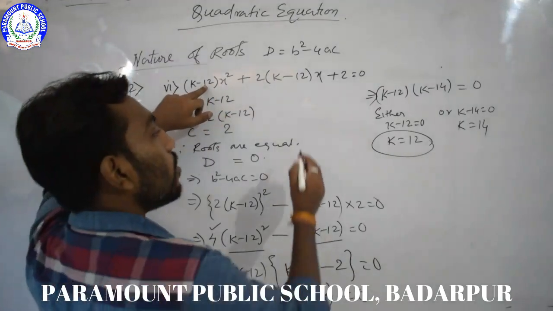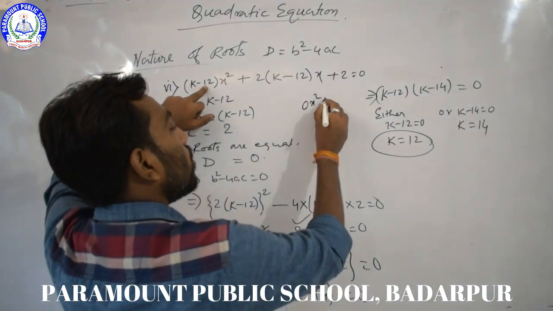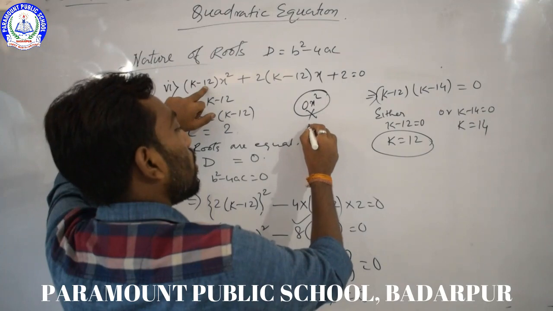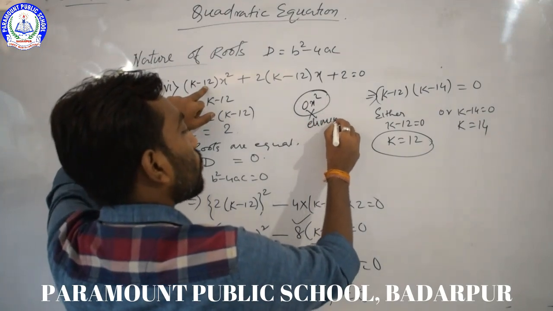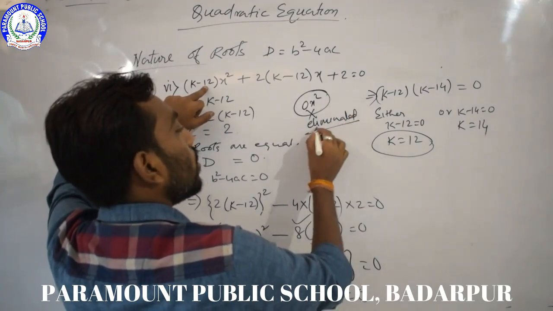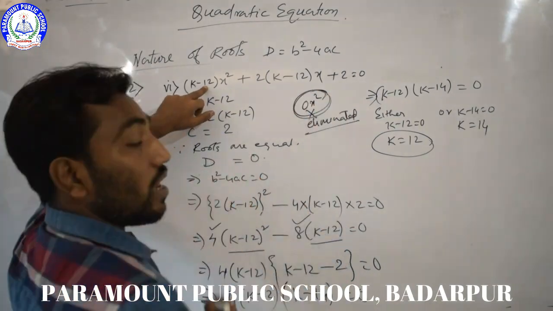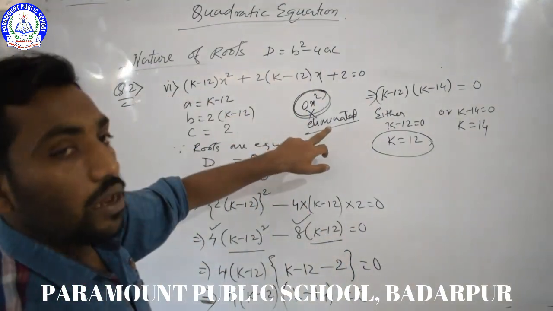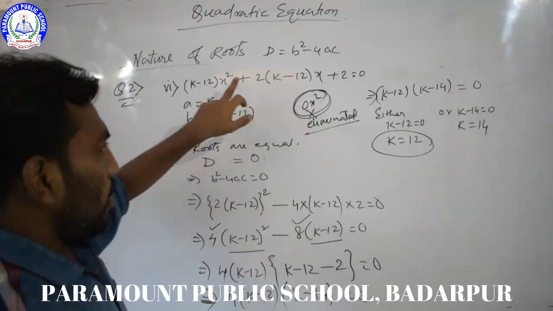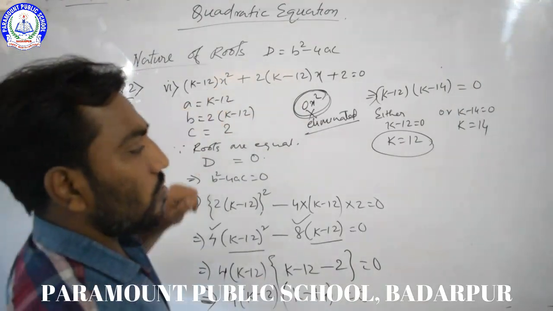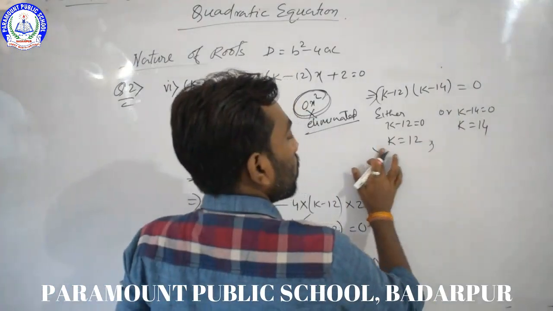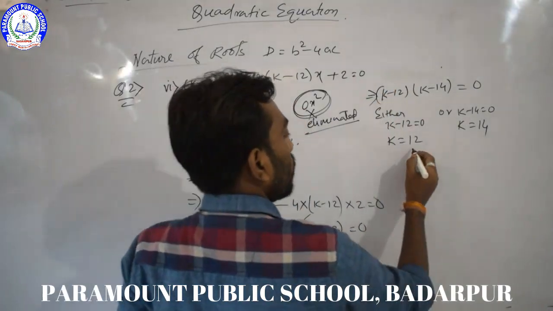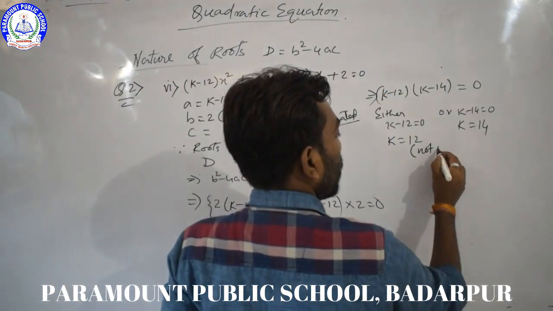So it will become 0 into x square, so this term gets eliminated. If our x square term is eliminated, then there will be no quadratic form. So we can say that this value will not satisfy. It means this is not possible.